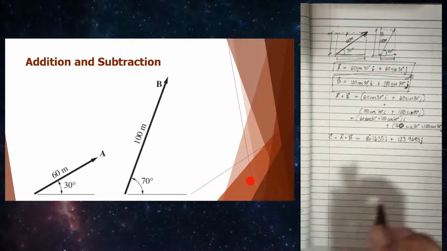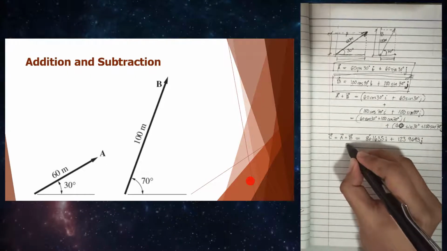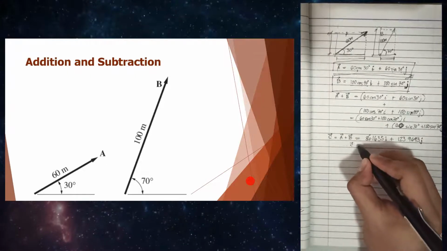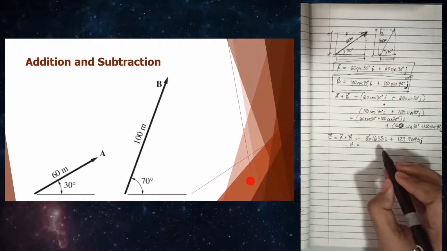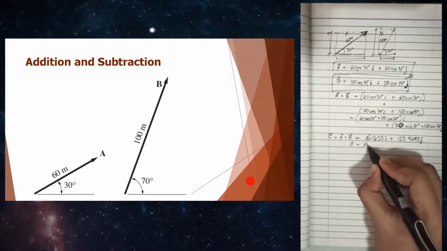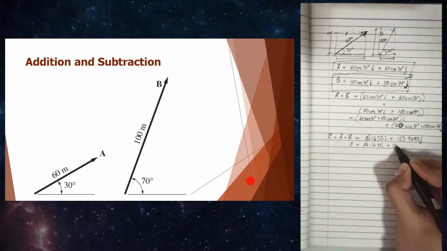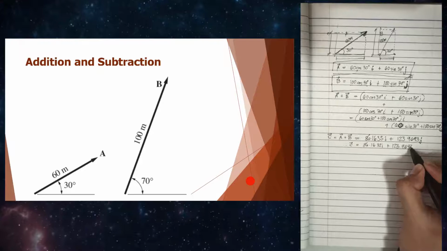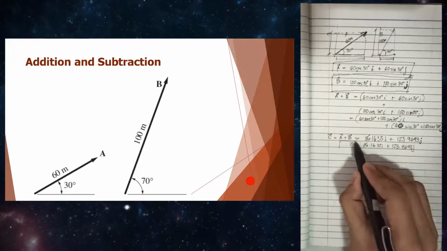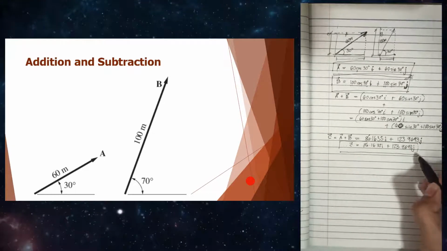So basically, therefore the vector C, which is the summation of A plus B, is equals to 86.1635 I plus 123.9693 J. Ito siya.